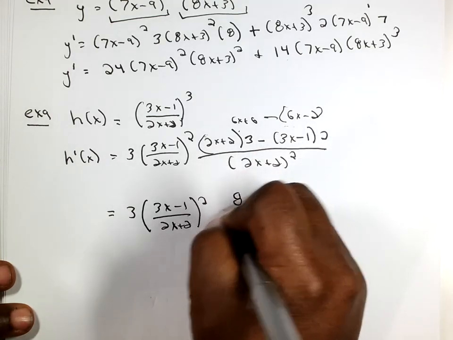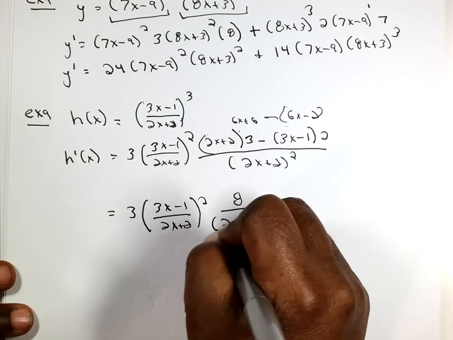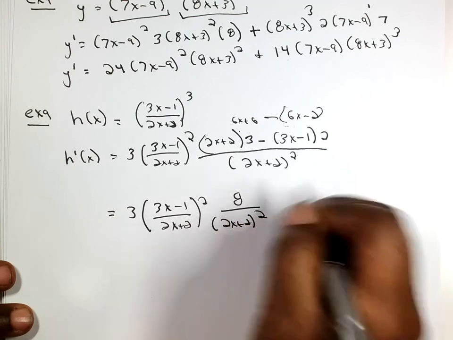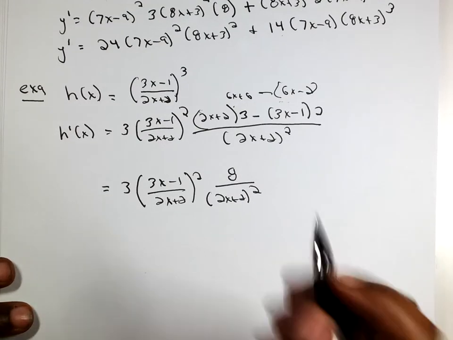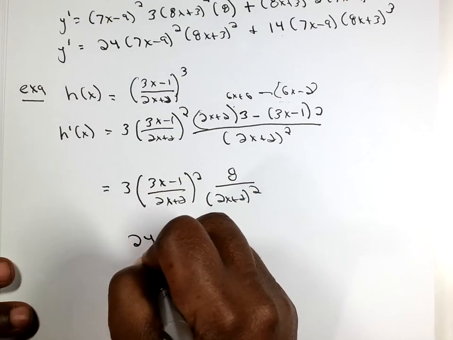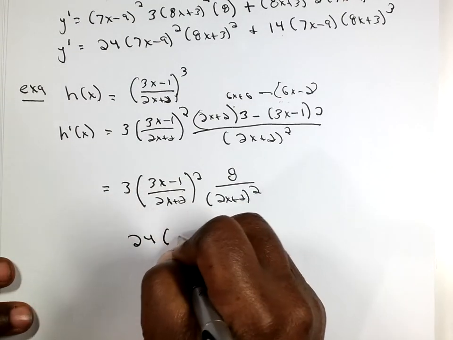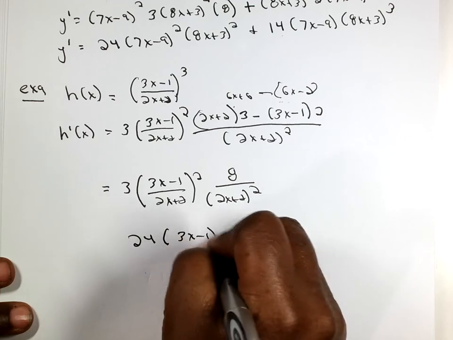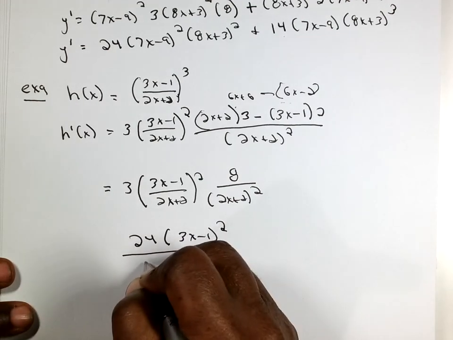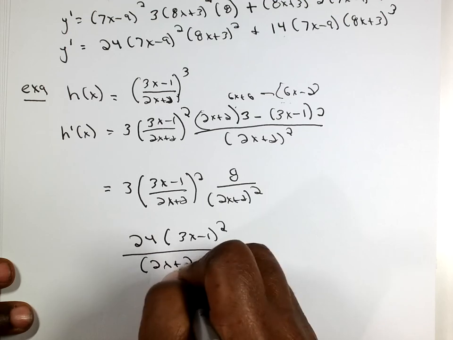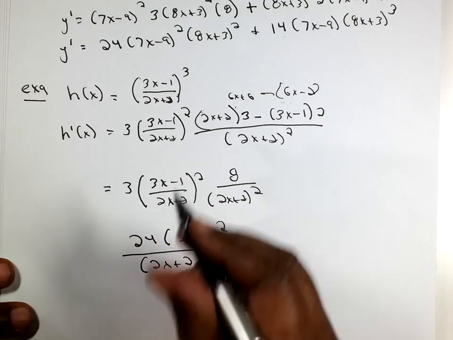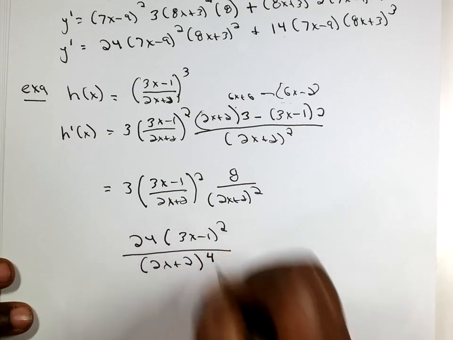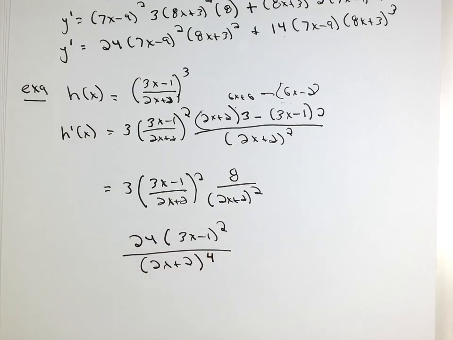So that whole thing just has an 8 on top, (2x plus 2) squared on the bottom, and then I can multiply that 3 and the 8 together. So 24 times (3x minus 1) squared over (2x plus 2). It was a squared here and another squared there, so that 2x plus 2 is not going to have an exponent of 4.